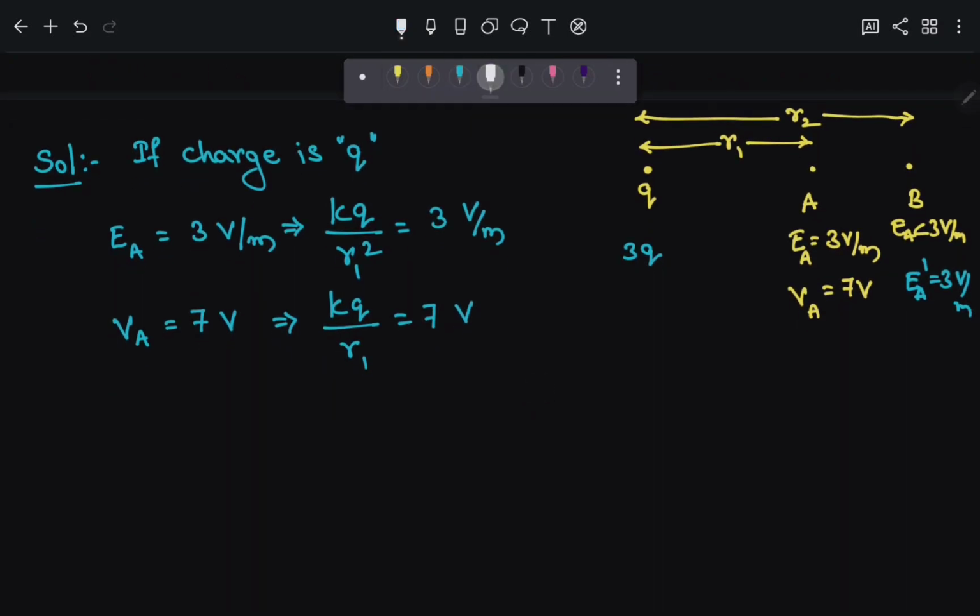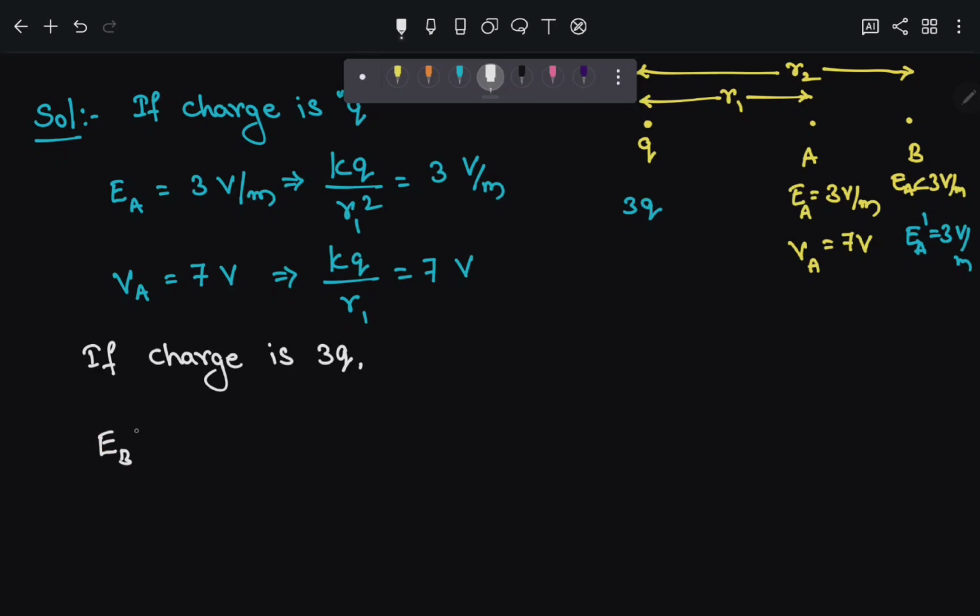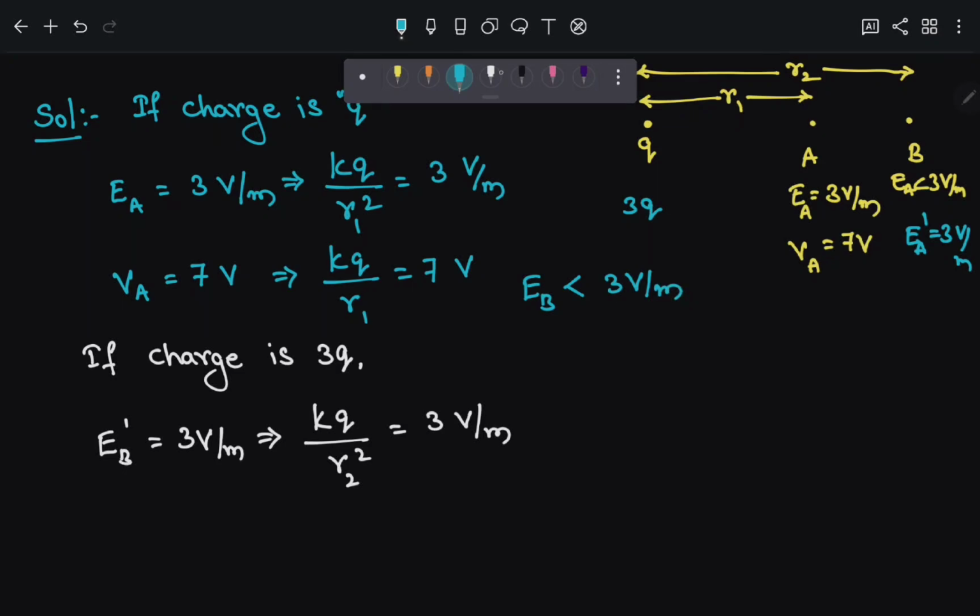Now if the charge is 3Q, when the charge is tripled, they mentioned that EB dash is equal to 3 volt per meter. This implies 3KQ by R2 square is 3 volt per meter. In the initial condition, EB is also given as an inequality, less than 3 volt per meter.